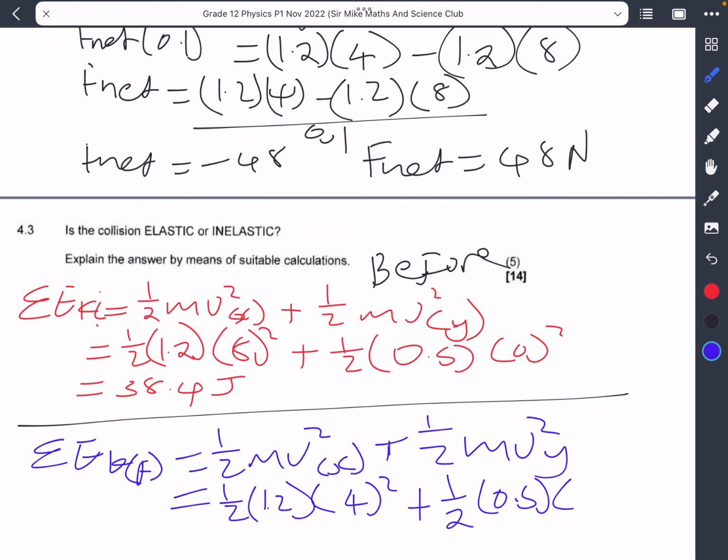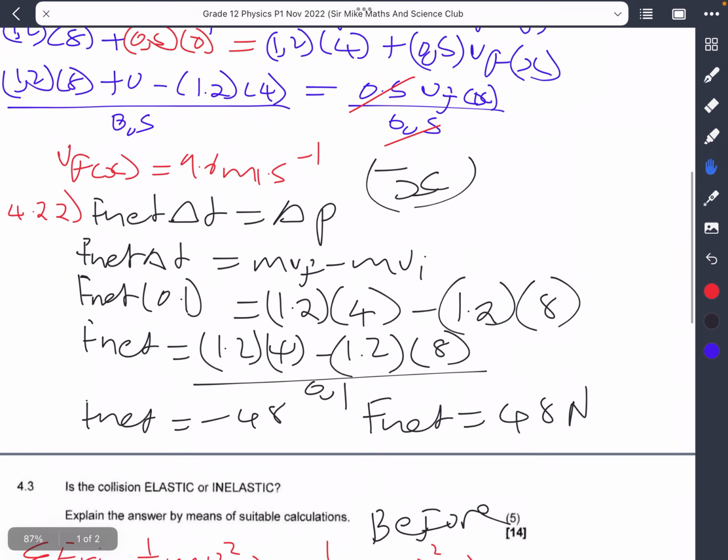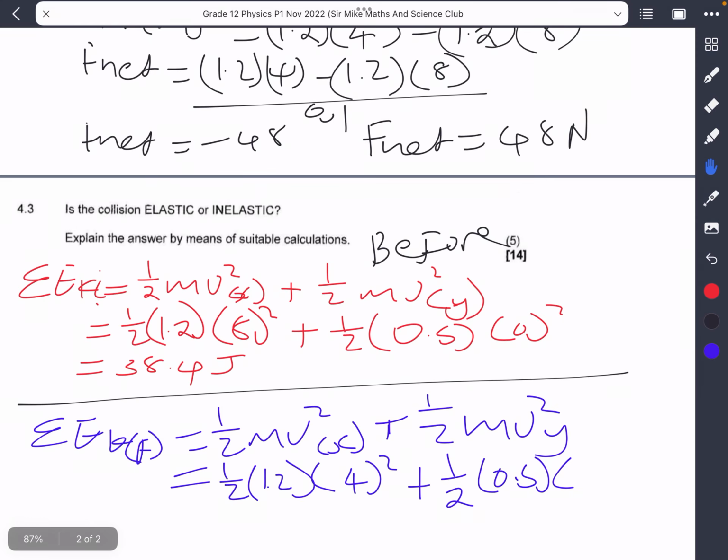The velocity, we found that to be I think 9.6, if I'm not mistaken. Let me just scroll up so that I don't make silly mistakes. So that's 9.6. I wouldn't concern myself about the direction of the velocity, because anything squared would just give you a positive number. So we said that's 9.6, squared.